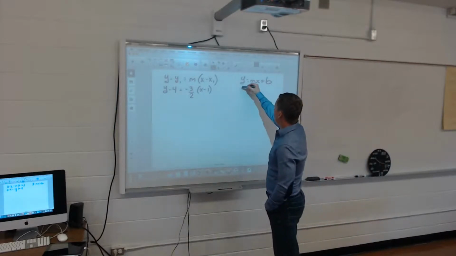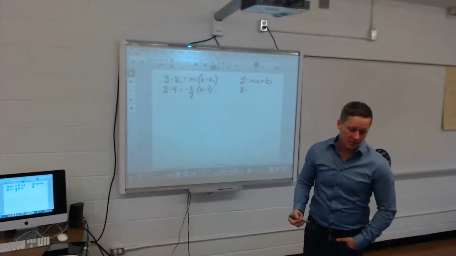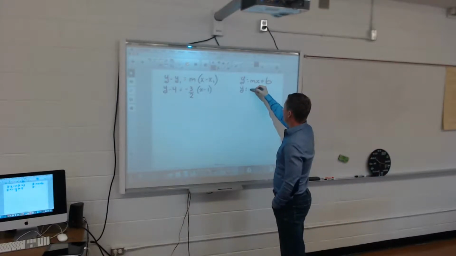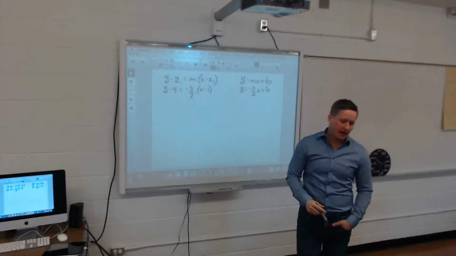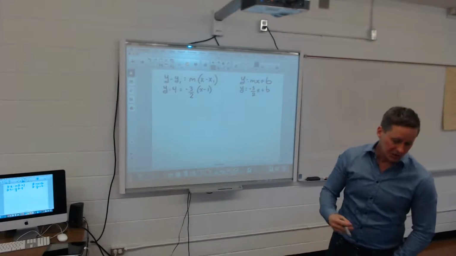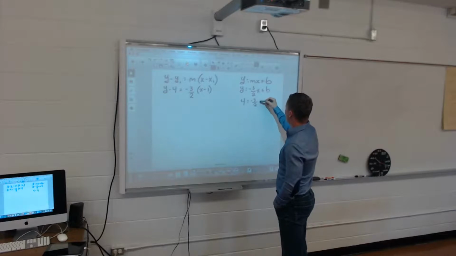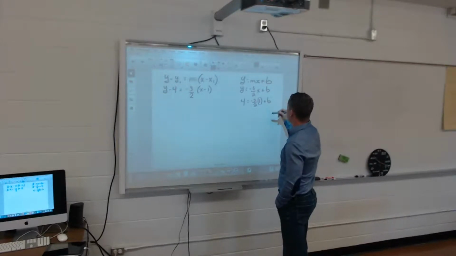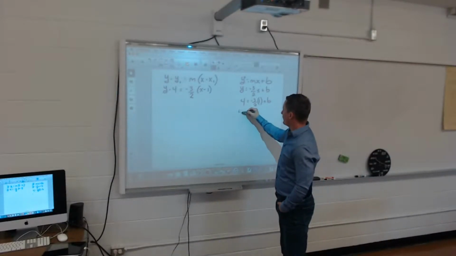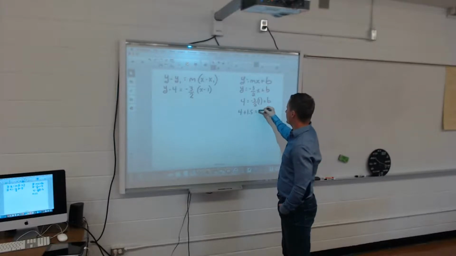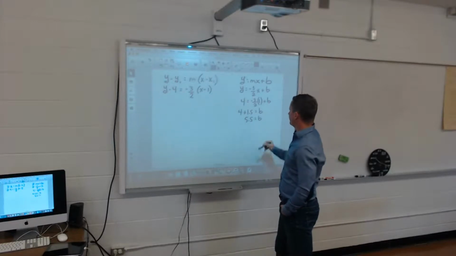All right. And in this one, the problem is we don't know what the b value is. So what I do is I start by going, okay, -3/2 x, add b. Now I'm going to use my coordinate for x and y to solve for b. So I go 4 is equal to -3/2 times 1, add b. So I'm going to add that to the other side. So I get 4 plus 1.5. So that's 5.5 is equal to b.